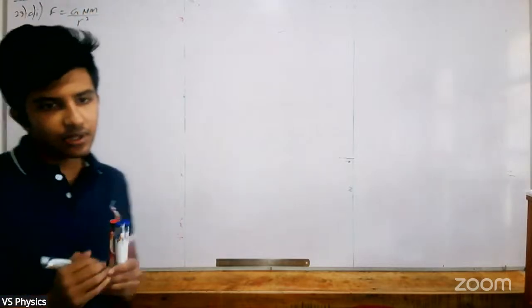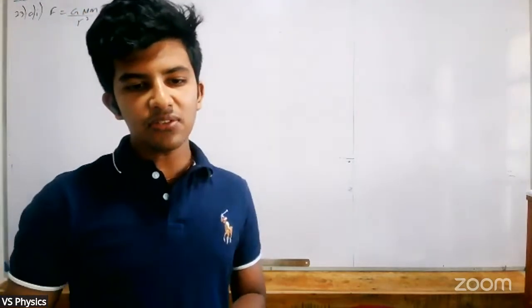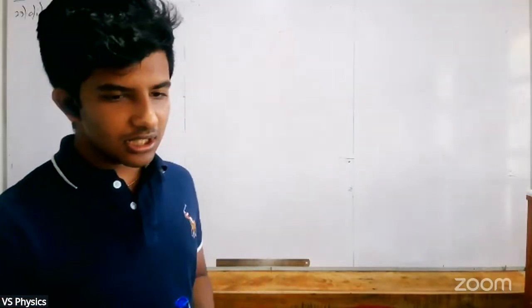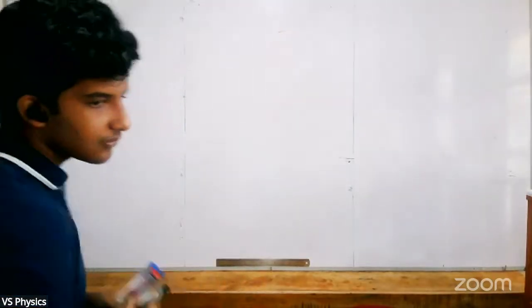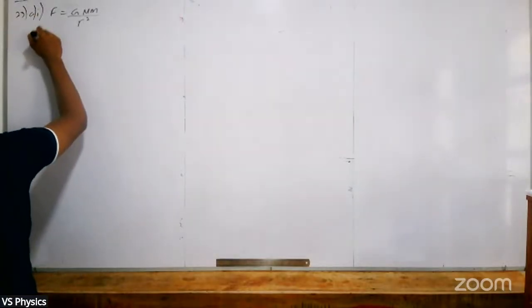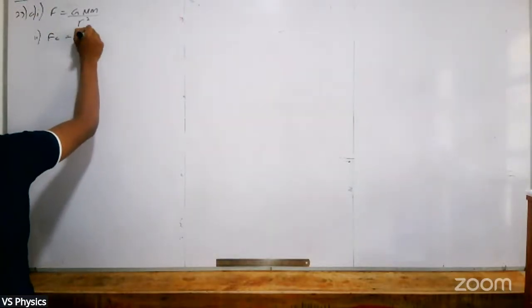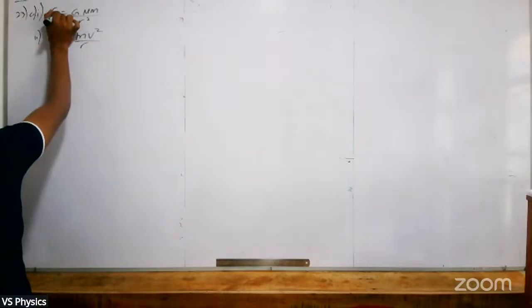Write down an expression for centripetal force acting on the satellite in terms of M, r and v. We can write Fc is equal to Mv squared over r. Take this as Fg.